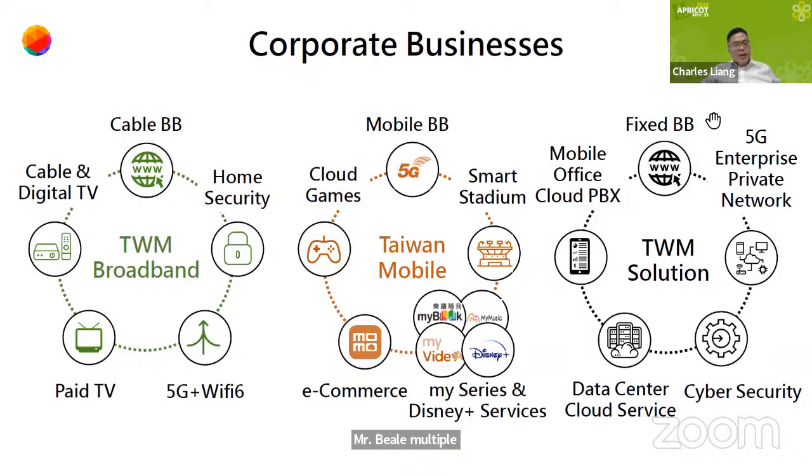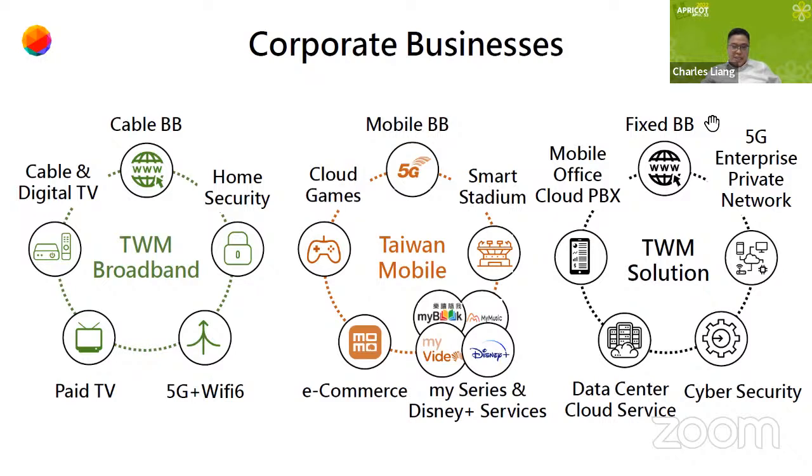The second one, TWM Broadband, is the brand name of cable network services: cable broadband internet, cable and digital TV, pay TV. Since the customer doesn't want to pay the whole cable monthly fee because they don't watch all of the channels, customers can choose this pay-as-you-go service to select the specific channels they want. 5G plus Wi-Fi 6 bundle service is so-called 好事成双.